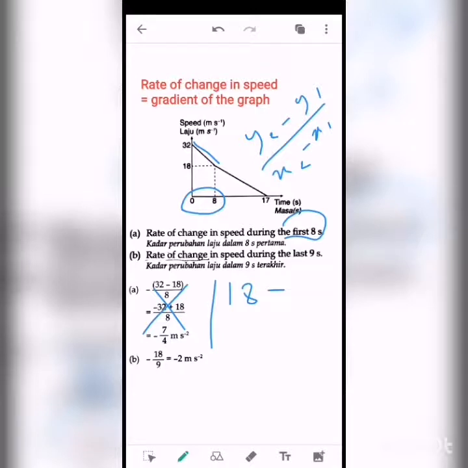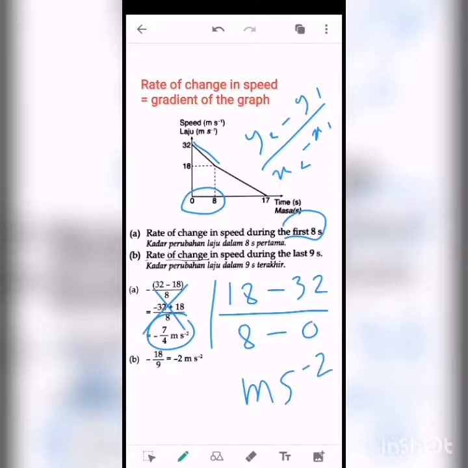Y1 is 32. X2 is 8, and then minus 0. So the answer will be negative. And then the unit of rate of change is ms minus 2. Speed is ms minus 1. That is a difference.